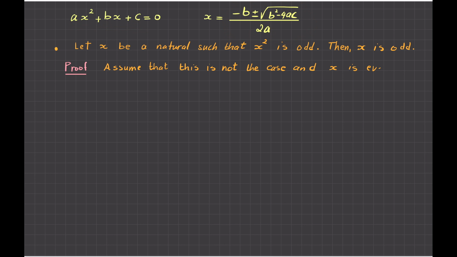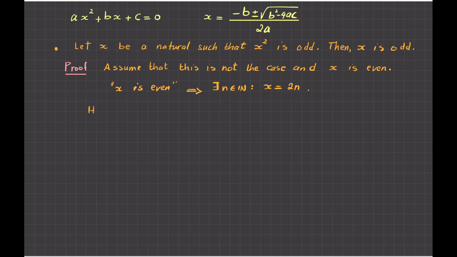So I'm using proof by contradiction. Okay, now that you agree that x is even, what can I conclude from this? I can conclude that there exists a natural number n such that x is equal to 2n.